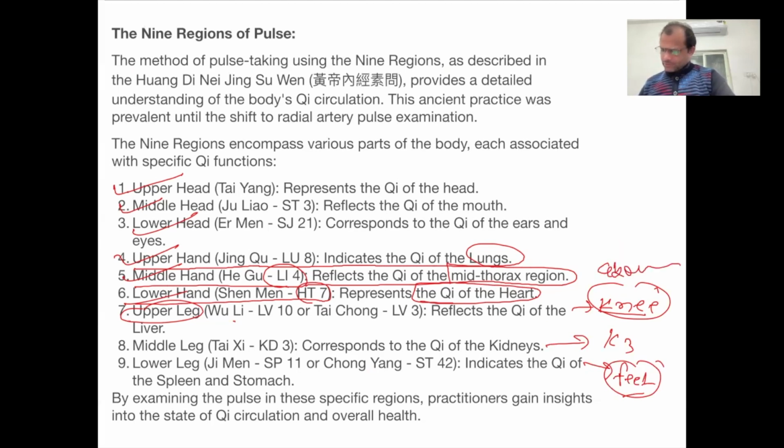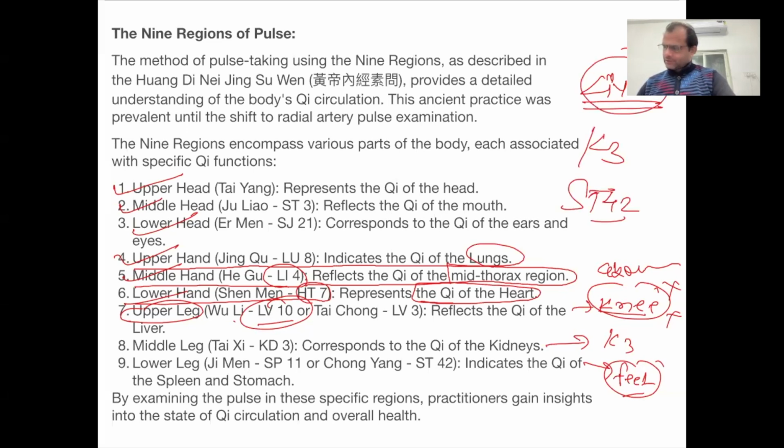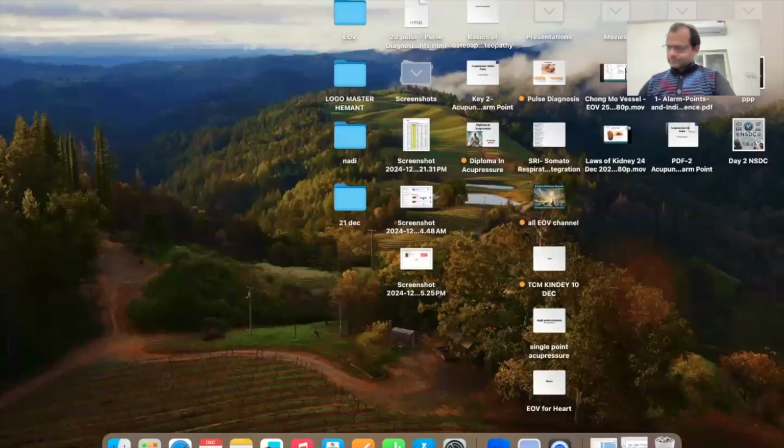I will tell you the location. Sorry, it's not the knee, it's liver. So we are checking liver, Kidney 3, and Stomach 42. And there is the option of Liver 10, that is Liver 3, because sometimes Liver 10 is very difficult to check.